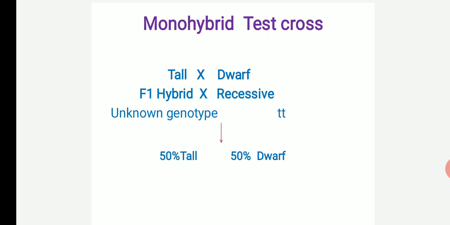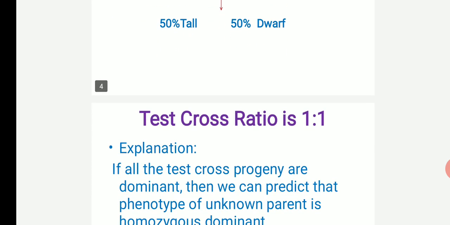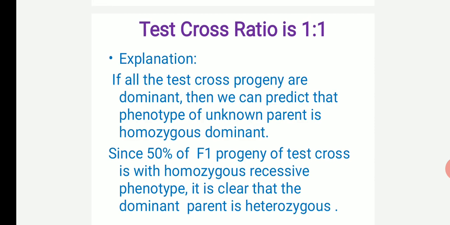Then the recessive one is with the small t. In the result of the test cross, the F1 of the test cross is always 50% dominant character and 50% recessive character. So we can say that the test cross ratio is 1:1. How can we explain or convince others?